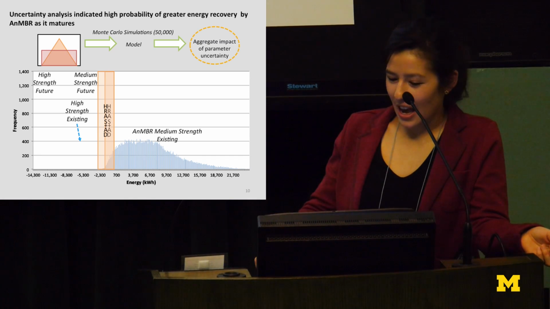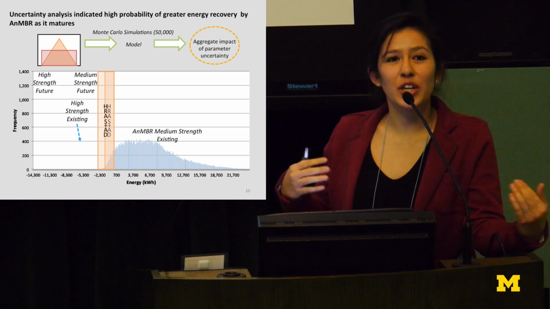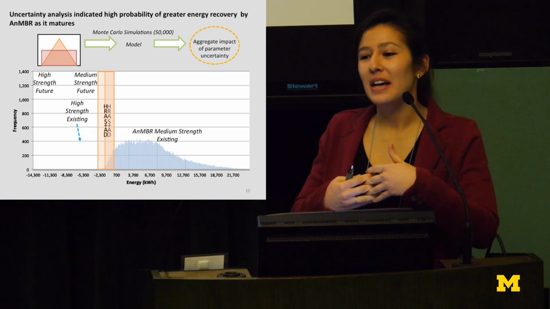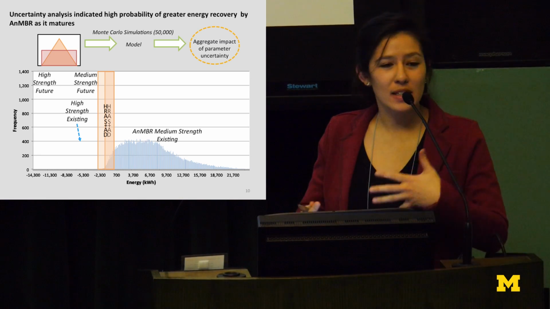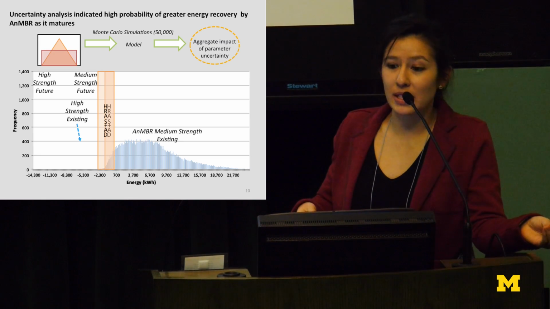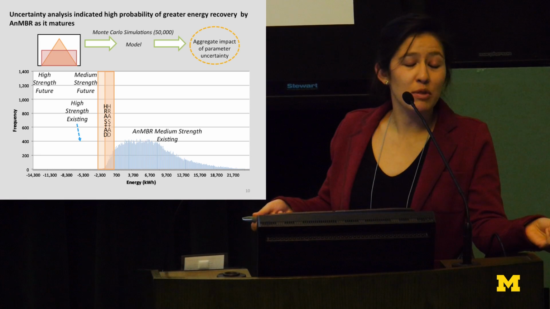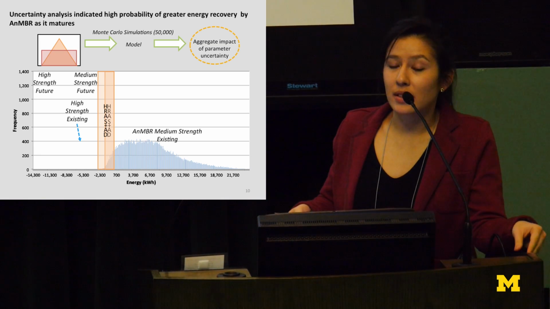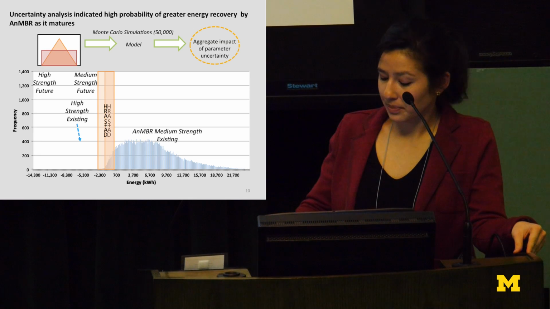But if we then look at future projecting ANMBR as it evolves, assuming that eventually it gets to have fluxes and specific gas demands closer to what an aerobic membrane bioreactor currently operates at, we see that it's very likely, even for medium strength wastewater, that it will have a better net energy balance as compared to high rate activated sludge.